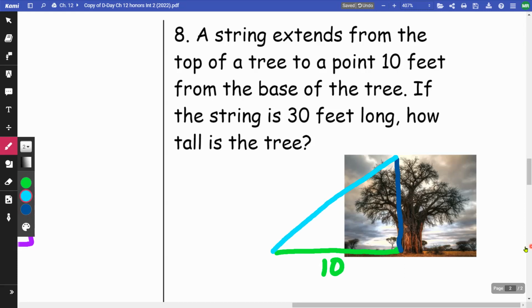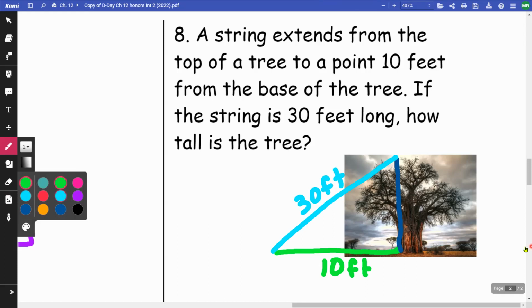We know that the string is going to be 30 feet long, and the tree base is 10 feet away from where the string is attached. We want to figure out how tall the tree is, basically this height right here, and I'll call that H.